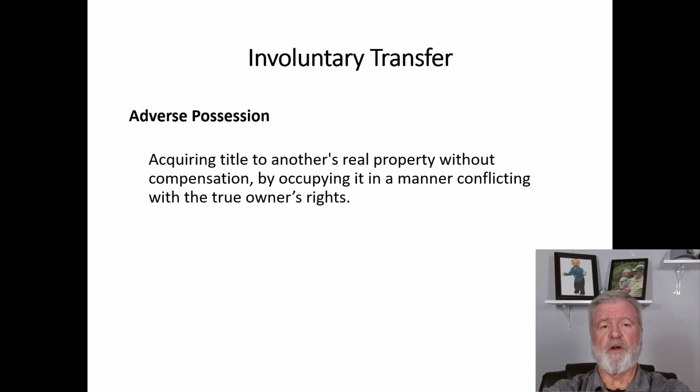If you recall, we talked about adverse possession, acquiring title to another's property without compensation by occupying in a manner that conflicts with true ownership rights. So adverse possession is when someone basically just moves in, takes over as if it's their property, and if they're allowed to stay for some period of time, they can acquire ownership of the property via adverse possession.